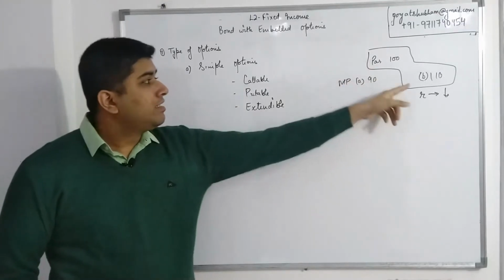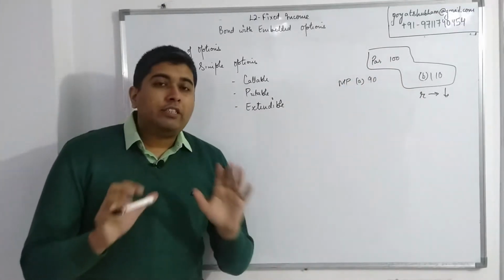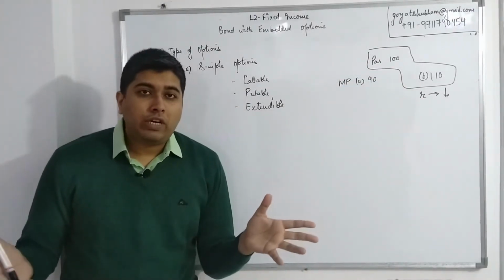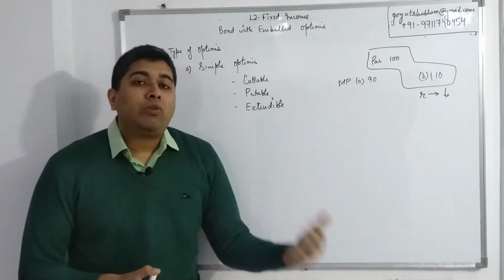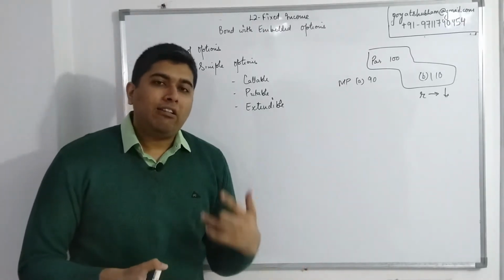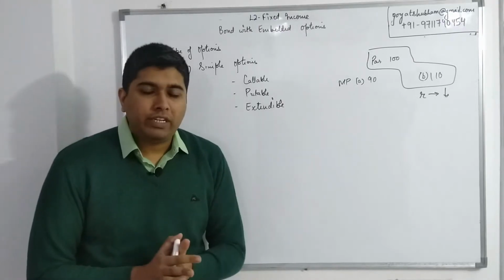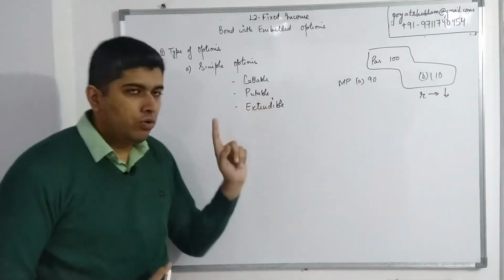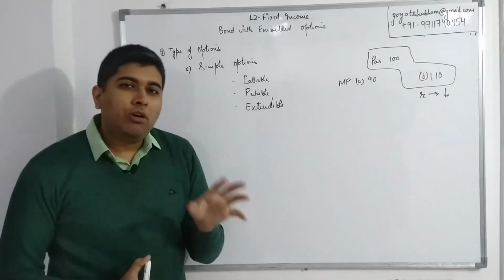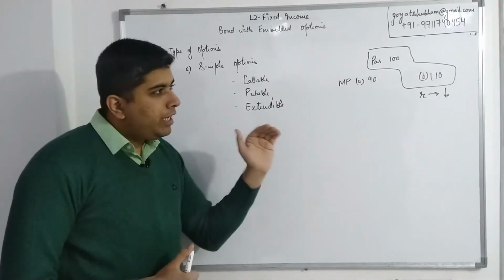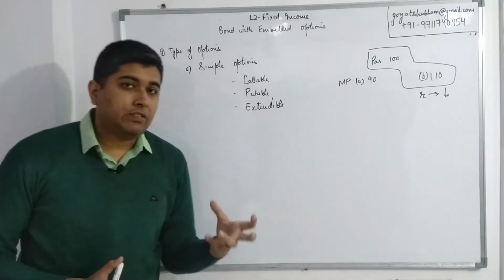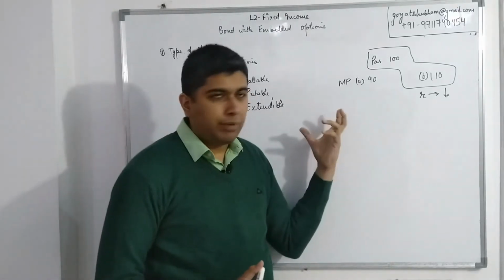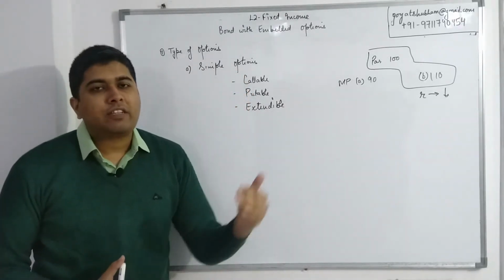Again, this comparison of par and market price is not a different comparison altogether. This is just another way of looking at the comparison you had at level 1, which was in the context of interest rates. Now, this whole situation also clears out one more thing: in case of callable bonds, there is a limitation on how high the price can increase. So long as price is less than par, it can trade freely, the prices can move up and down.